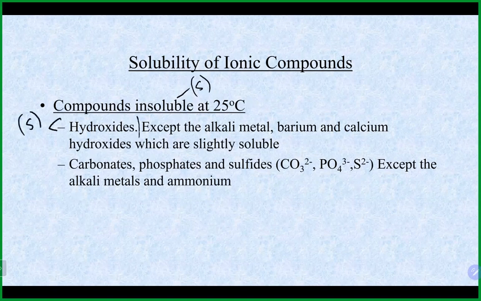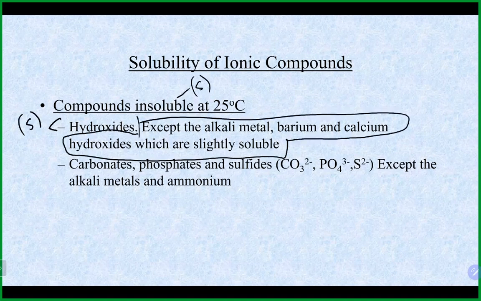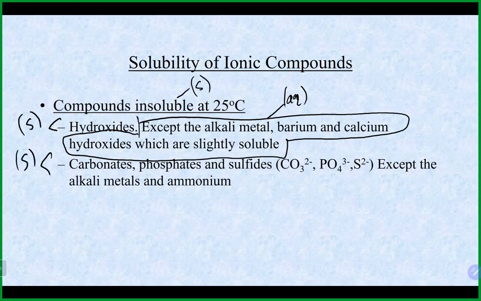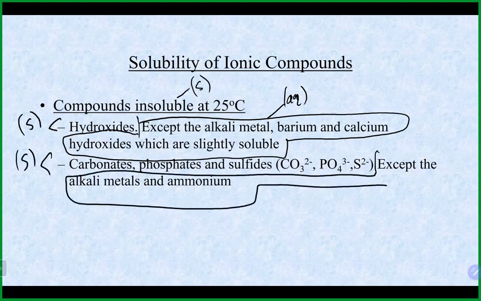Except if it is group 1, or barium and calcium, which are slightly soluble, then these would be aqueous. Really, barium and calcium sometimes are considered insoluble as well. Carbonates, phosphates, and sulfides, again, are typically insoluble, except if it's an alkali metal, which is group 1, or ammonium.